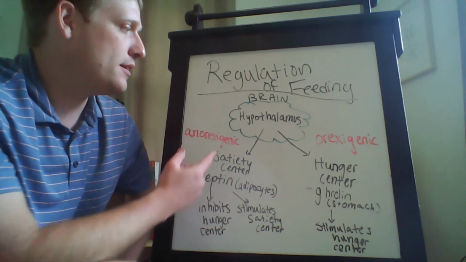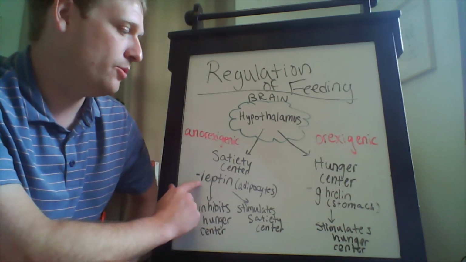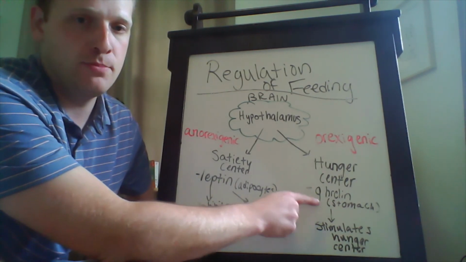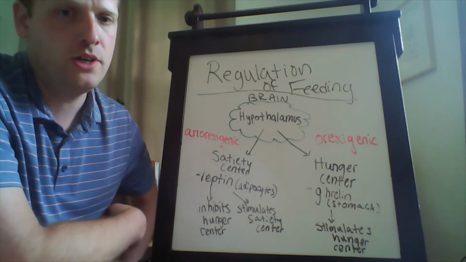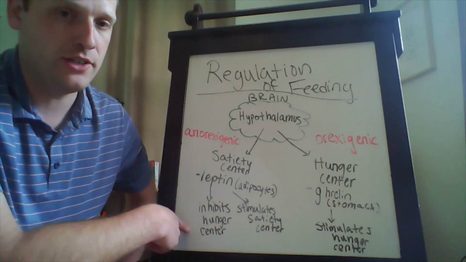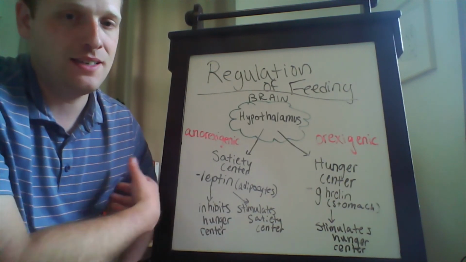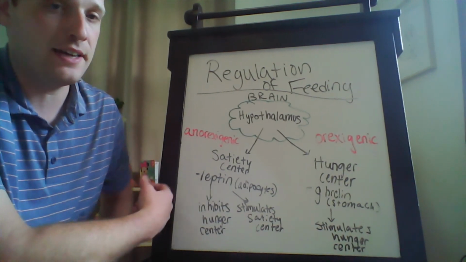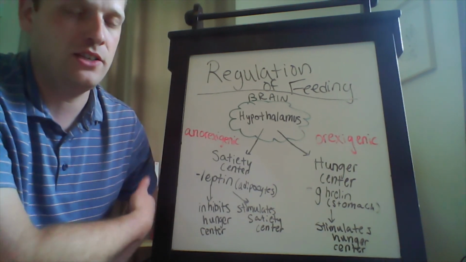But those centers in your brain are going to be controlled by the hormones leptin, which is produced by adipocytes, or ghrelin, which is produced in your stomach. So what leptin will do is inhibit the hunger center neurons while also stimulating the satiety center neurons. And this combination of effects of leptin are going to make it so that you are feeling satisfied, you are not hungry.